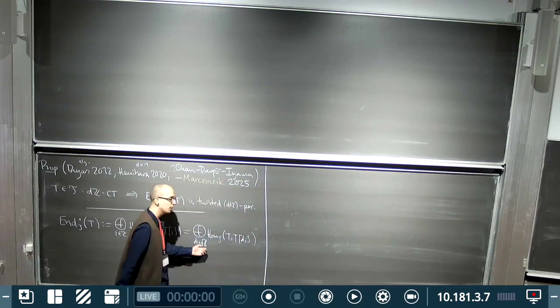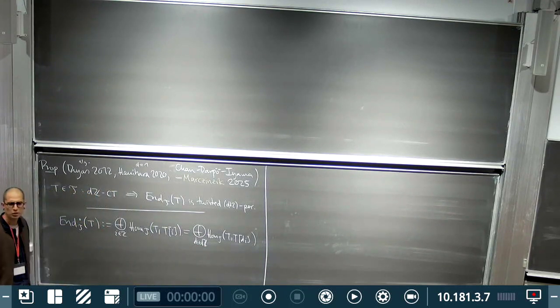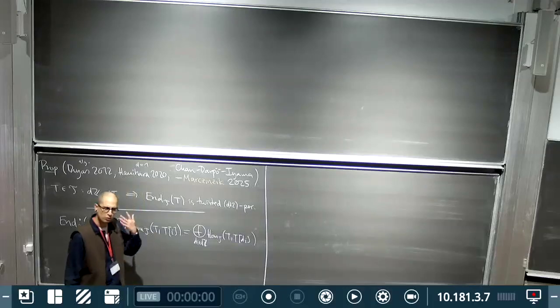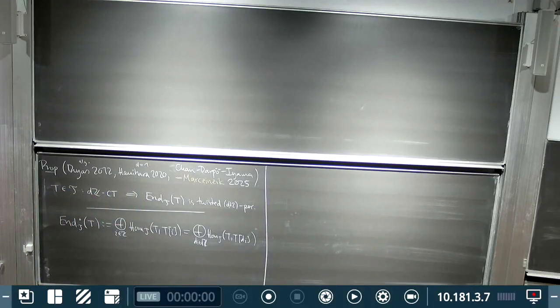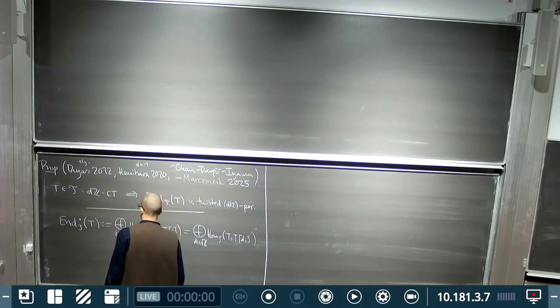Now you see why the name d-Z cluster tilting is reasonable. Its graded endomorphism algebra is concentrated in degrees that are multiples of d. It's meant to remind us of this, and the cluster tilting property is related to this resolution-type property. Okay? So that's very good.